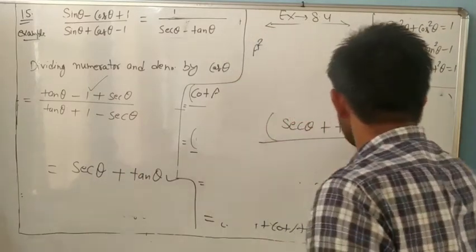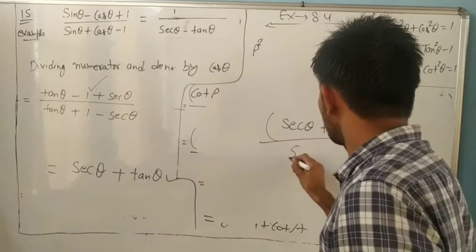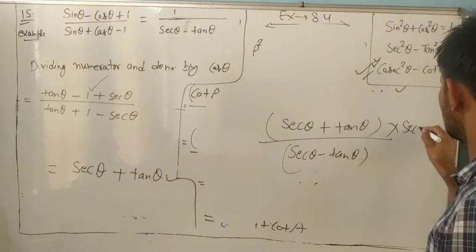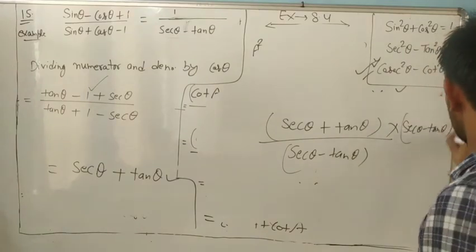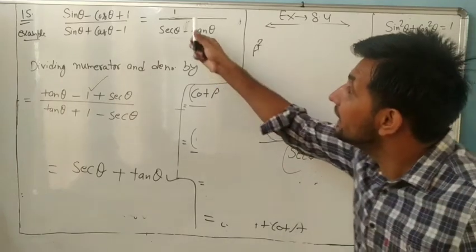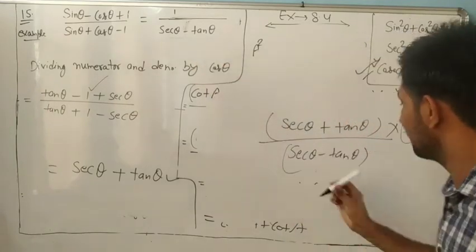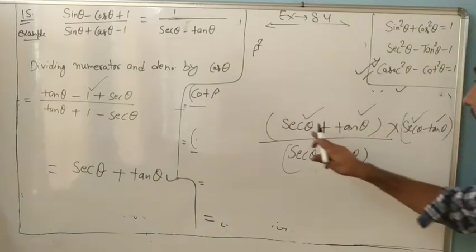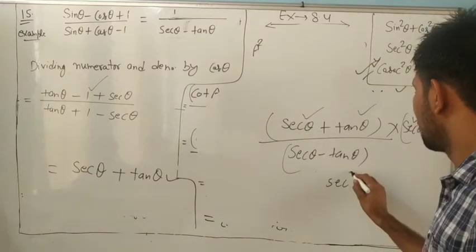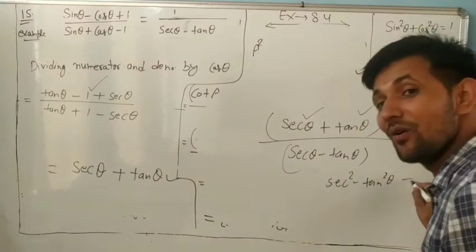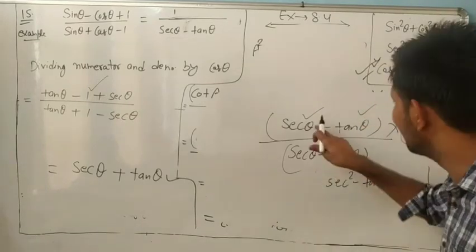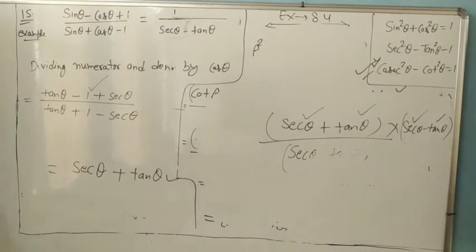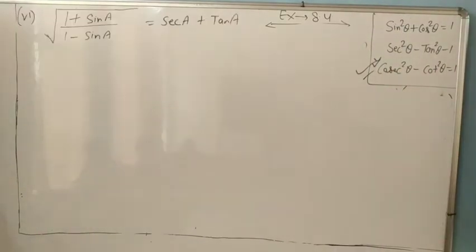Okay, but in the denominator we need, can we multiply and divide by the same number? Because we need sec minus tan in the denominator, now it is the formula a plus b, a minus b. Secant squared theta minus tan squared theta is 1, then 1 upon this one. Again this identity becomes. Okay, so please do this yourself. So example number 15 also you have to do.